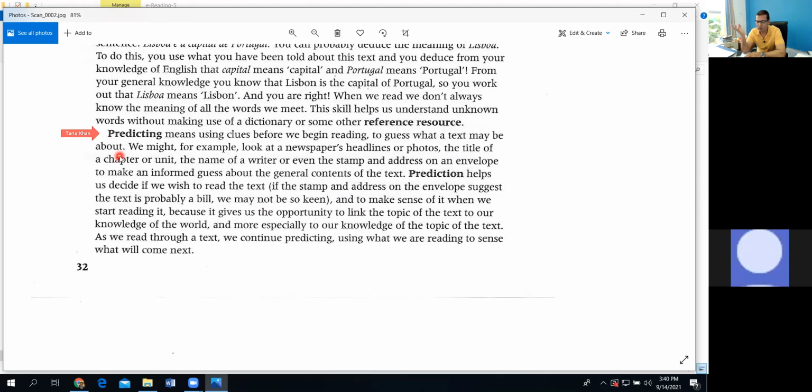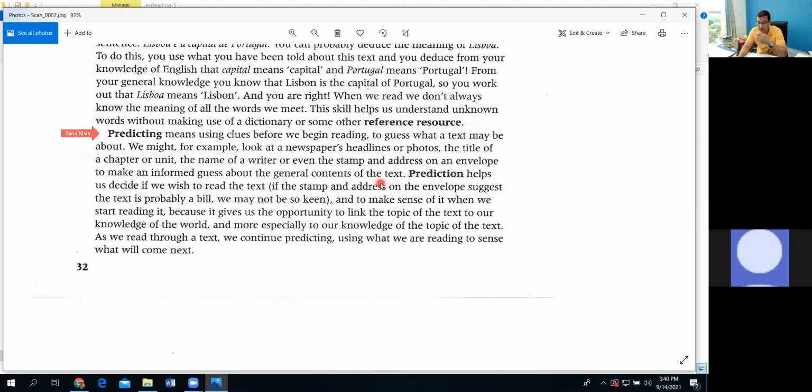So commonly also we use predicting in our day-to-day speaking. We might, for example, look at a newspaper headline or photos, the title of a chapter or unit, the name of a writer, or even the stamp and address on an envelope to make an informed guess about the general contents of the text.